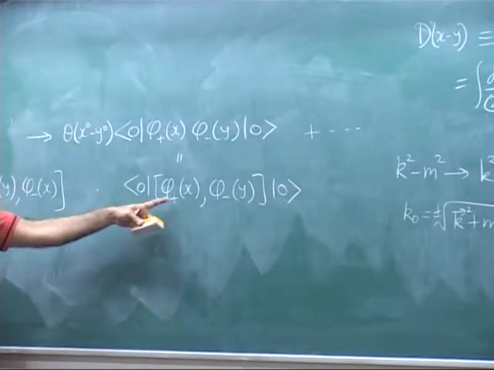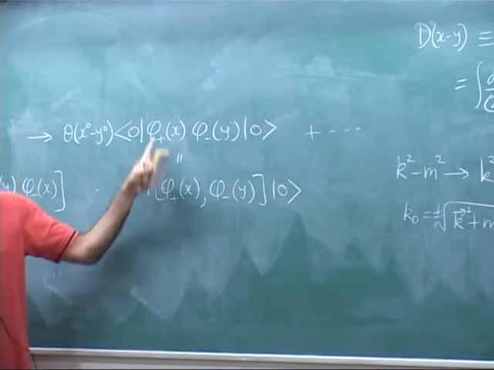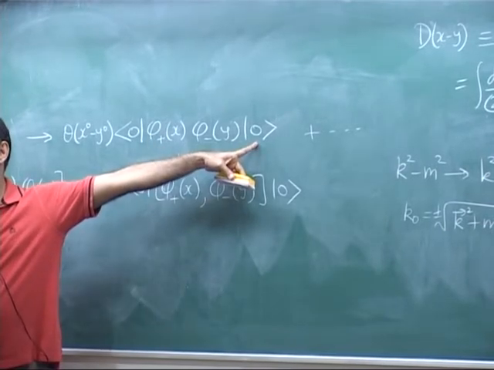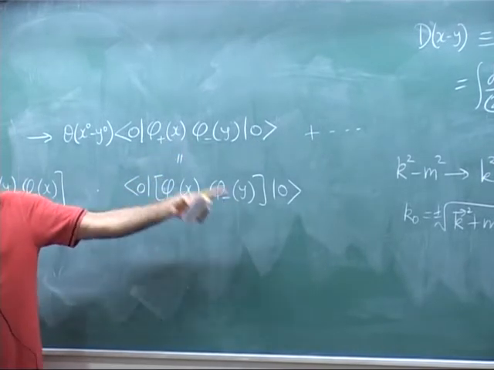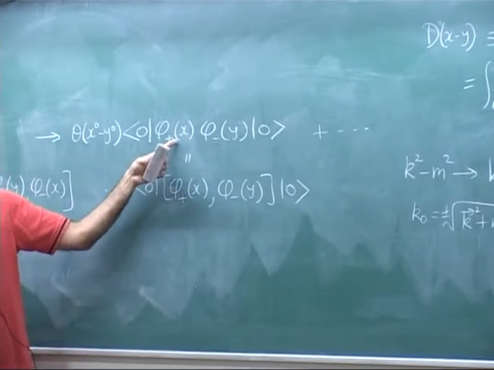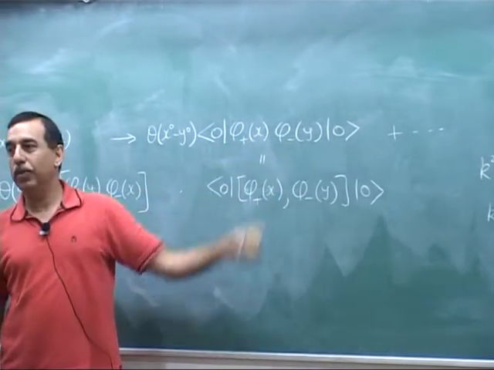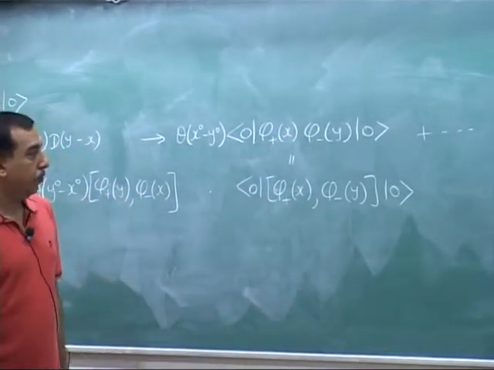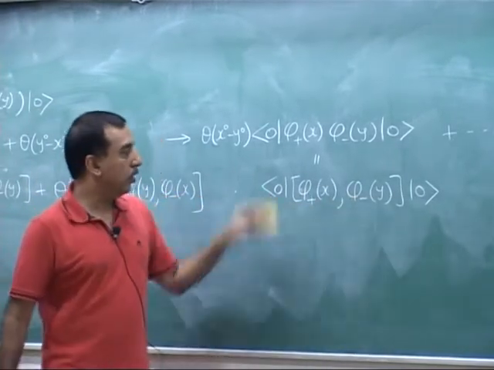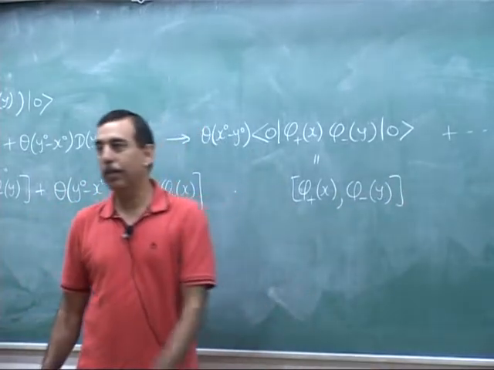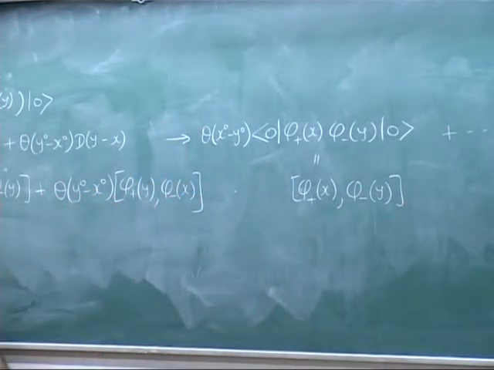This is equal to the same thing with the commutator because phi plus kills the state on the right. So I can always replace this by a commutator. It's exactly the same as that manipulation where we replaced a_k dagger by the commutator of a_k and a_k dagger. Okay. But now this thing inside is a C number. So this 0, 0 is irrelevant. So I can drop it. What is the vacuum expectation value of a number? It's that number. Finished. We've got the first term. Likewise, we get the second term.